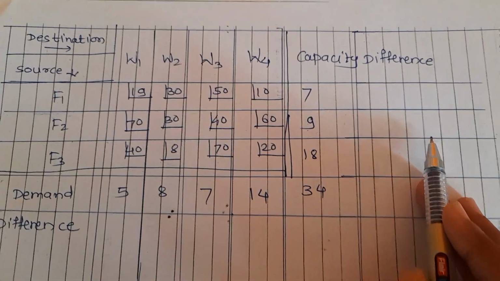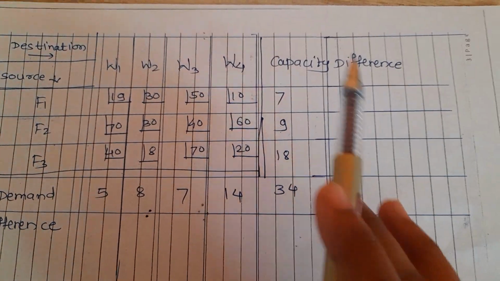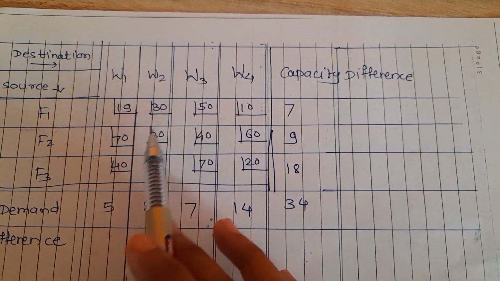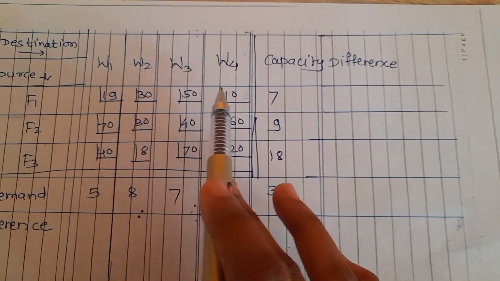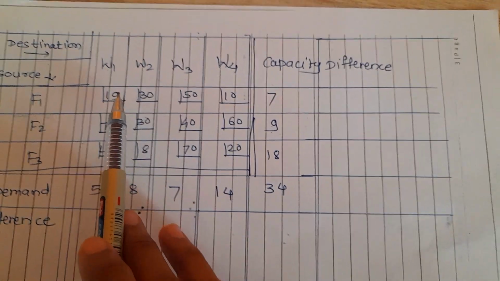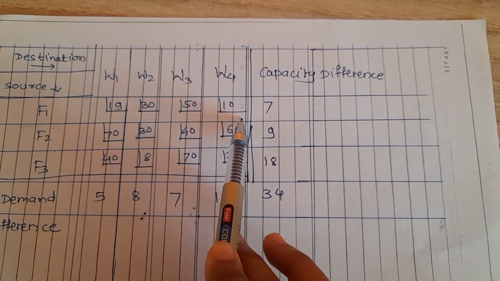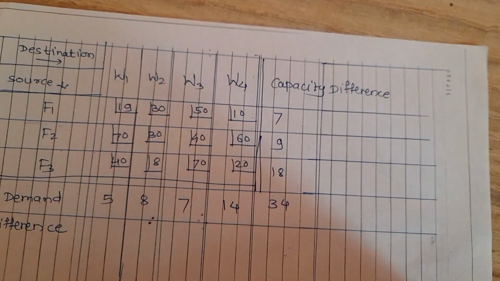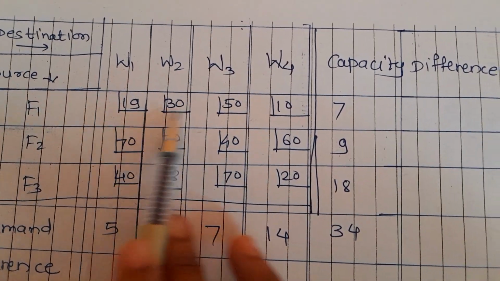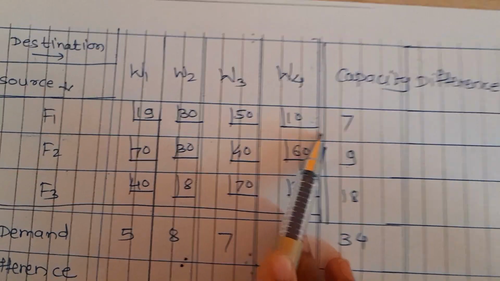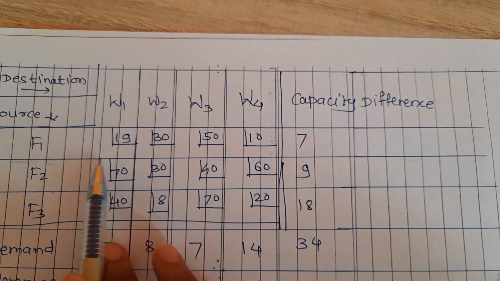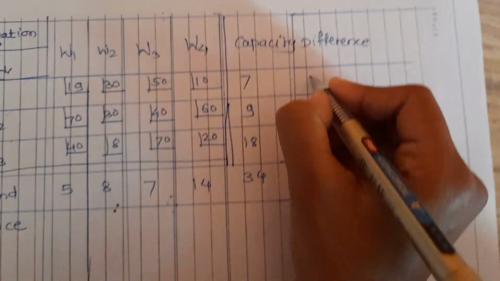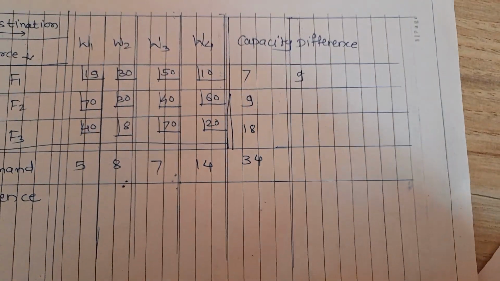First we find all differences for the corresponding rows and columns. In the first row, which are the two minimum elements? 19 and 10 are the two minimum elements, therefore we find the difference between them: 19 minus 10, the difference is 9. We write the difference 9 here.